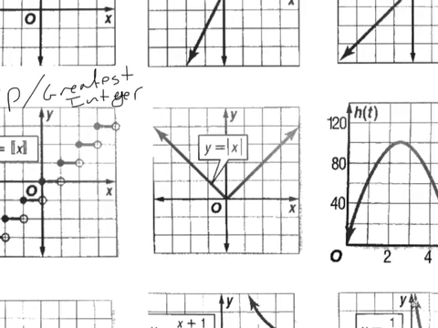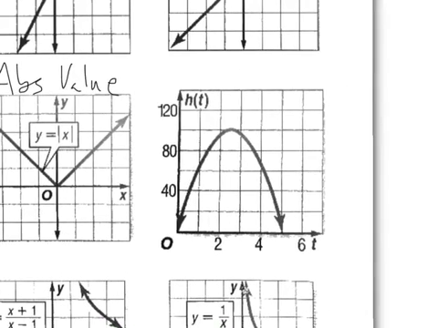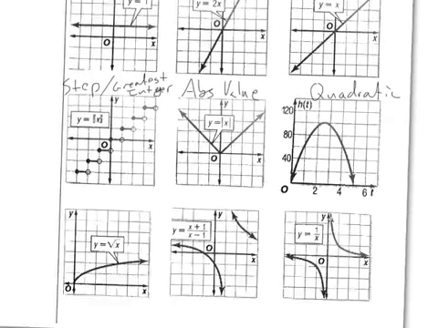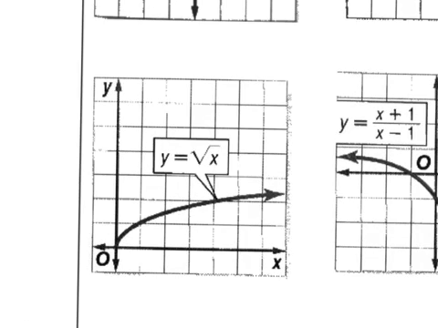Okay, this one, whenever we get this V shape, that is an absolute value. And this one is a quadratic. It's a parabola graph, but we call it quadratic function. This one is simply a square root function.